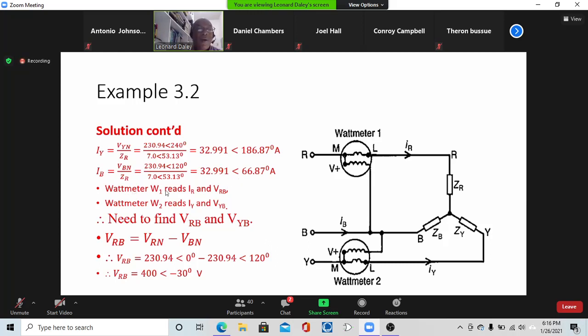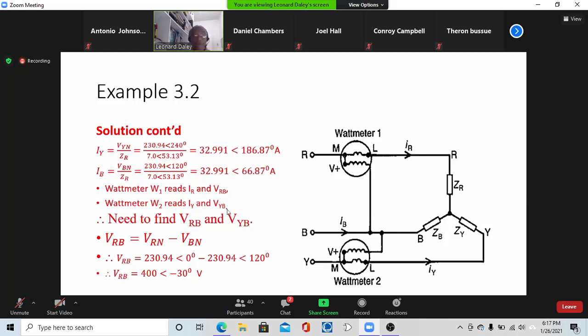All right. So meter one reads IR and VRB, and meter two reads IY and VYB. So we need to find VRB and VYB.